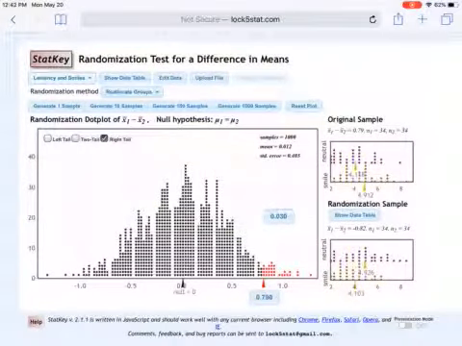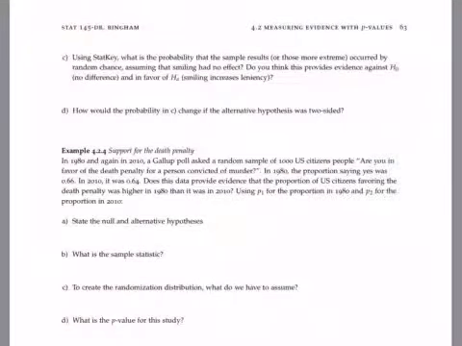We can see that 0.03 of our randomizations are in the tail beyond 0.79, our sample value. This is telling us that 0.79 is not very likely if the null is true, because it's out there in the tail with a small p-value. That suggests that we would say there is evidence against the null and in favor of the alternative, that the increase is there for smiling.